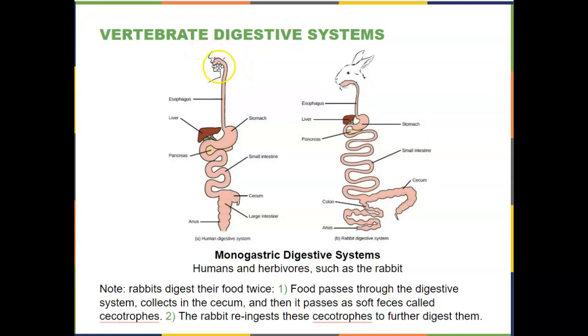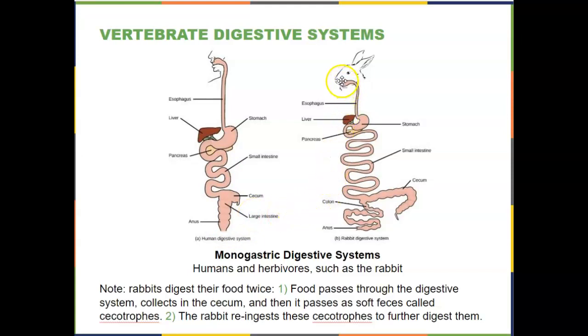There's a mouth, there's an esophagus, which is a muscular tube leading to a storage container, the stomach, and then a winding set of intestines, small intestines, a receiving chamber called the cecum, and then large intestines, and then finally an anus at the end of the system right here. This has been terrifically simplified, but it gets the major components of it.